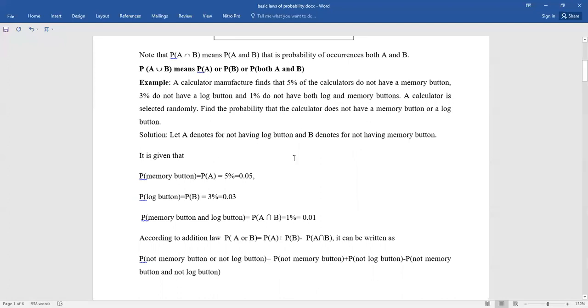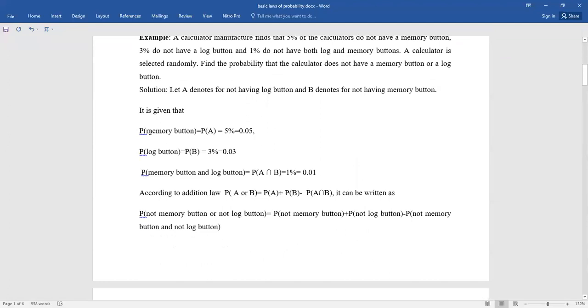Let us denote A for not having the memory button and B for not having the log button. Probability of A, 5%, is 0.05, and probability of B, 3%, is 0.03.